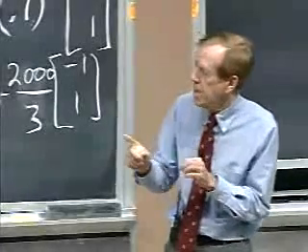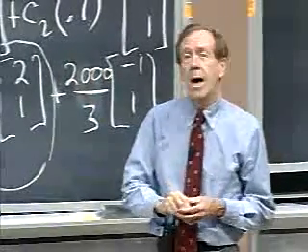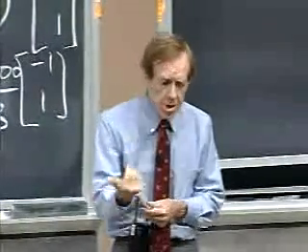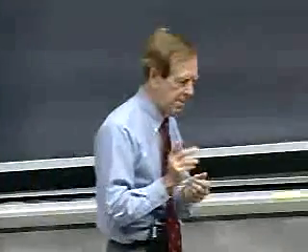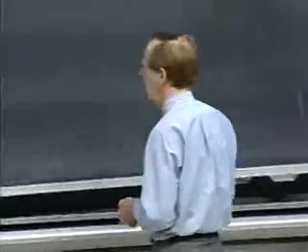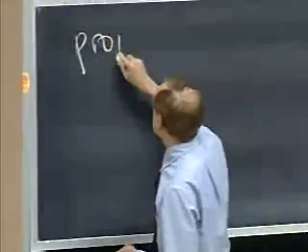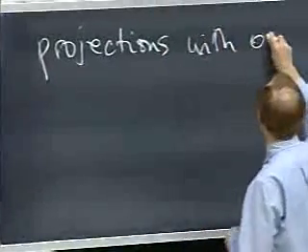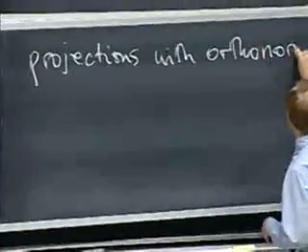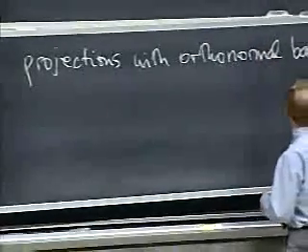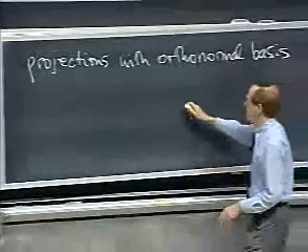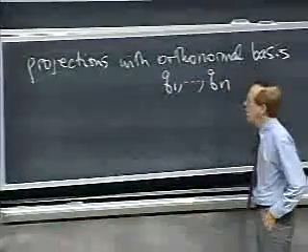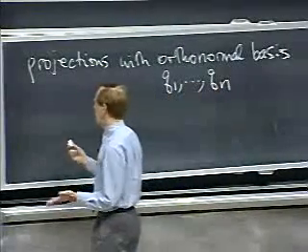Now I want to say something about projections and even leading a little into Fourier series. But before any Fourier stuff, let me make a comment about projections onto an orthonormal basis. So, of course, the basis vectors are q1 up to qn. I have a vector b.